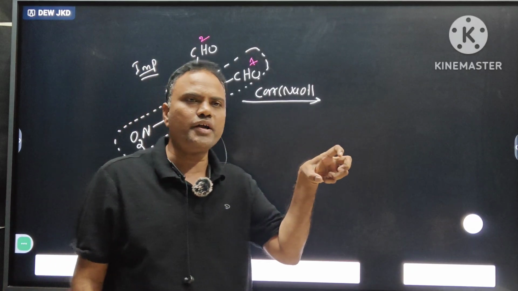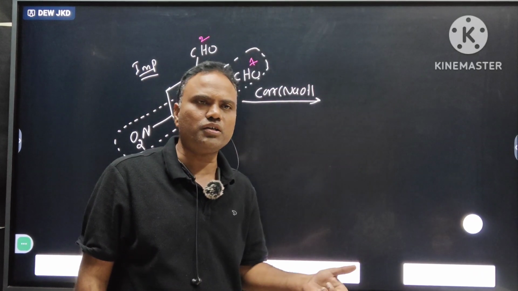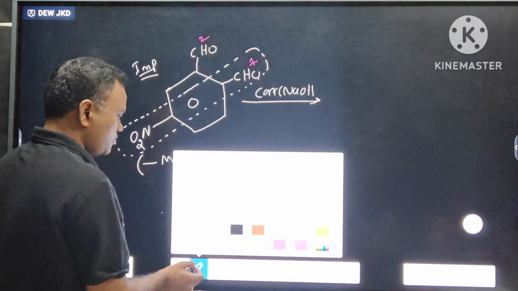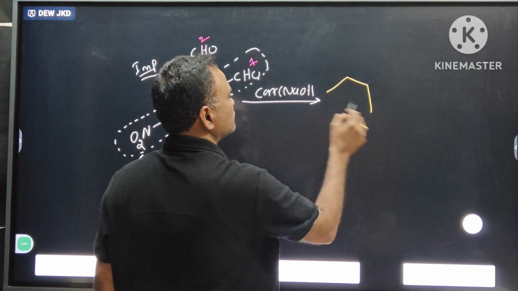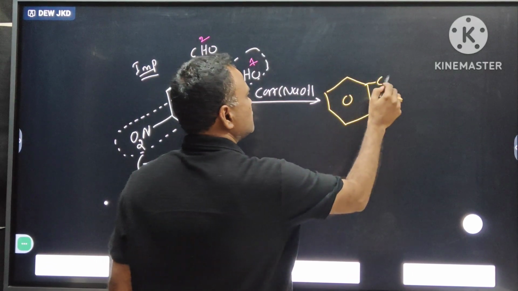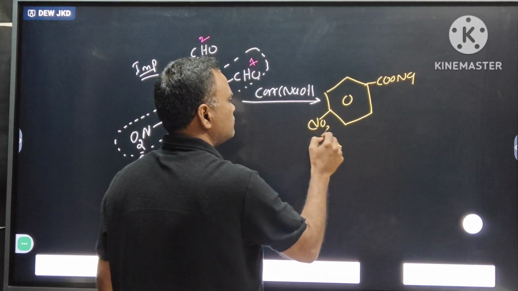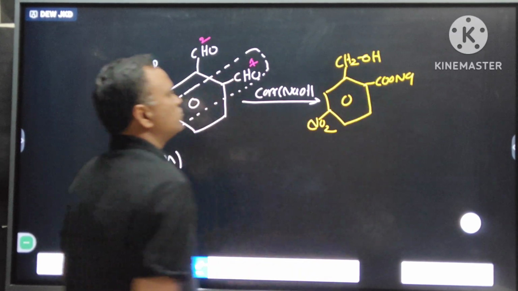So what is the key point? The one which is attacked by OH minus will convert to acid. Right? Okay, note down. So COONa, NO2 and CH2OH.